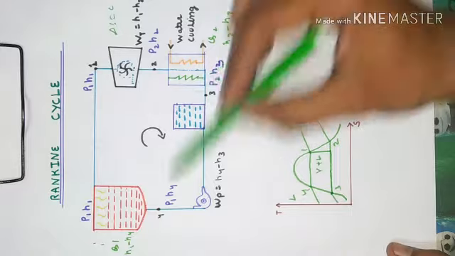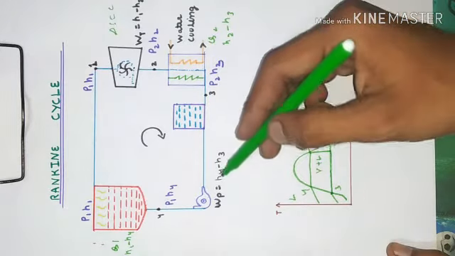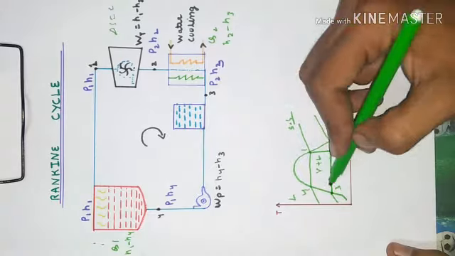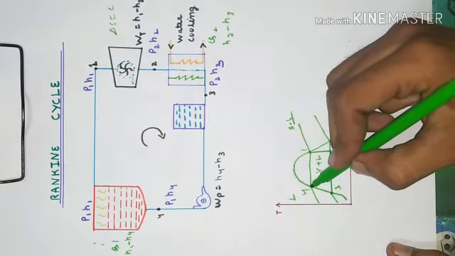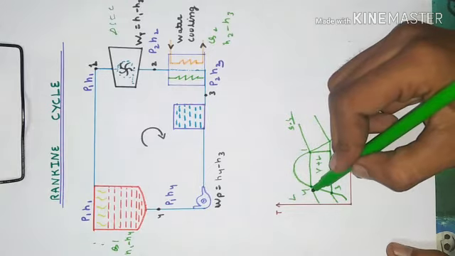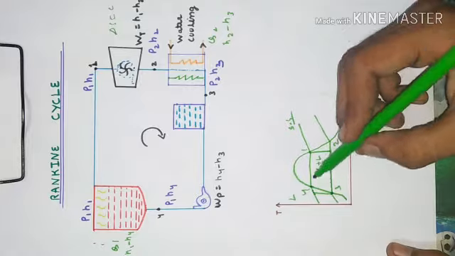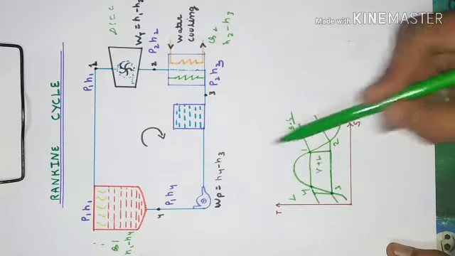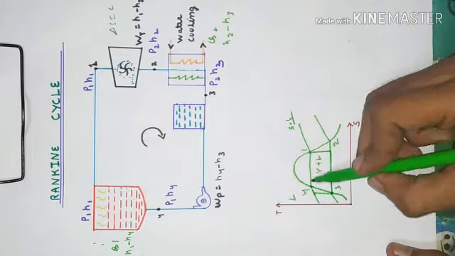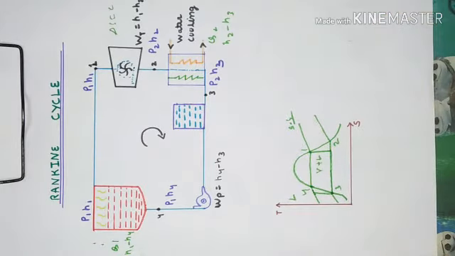And from 3 to 4 there is a change in pressure, with adiabatic compression there, so entropy remains constant. The line is drawn like this, and then again pressure remains constant and the heat is transferred to the boiler. This is reversible. This is known as the Rankine cycle.